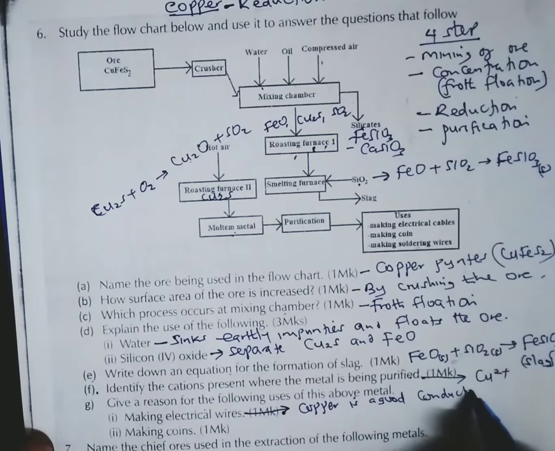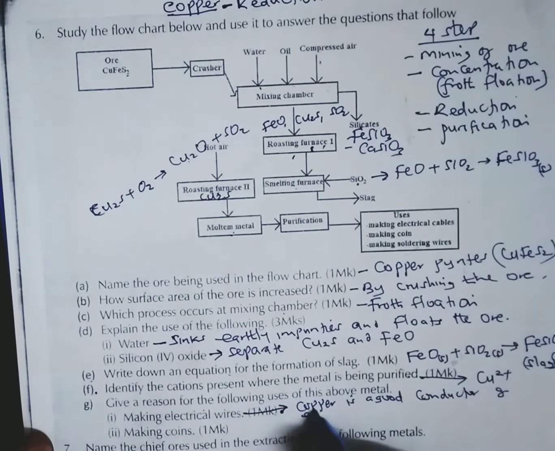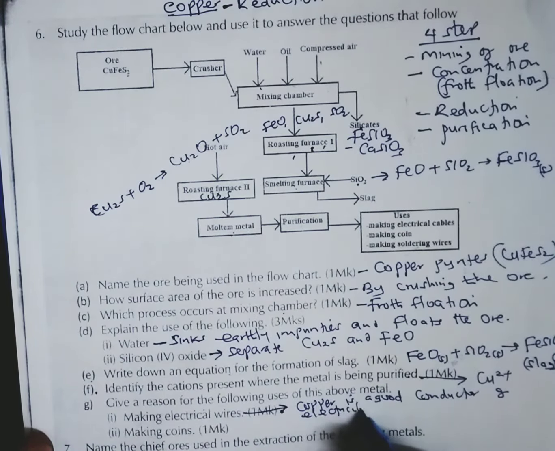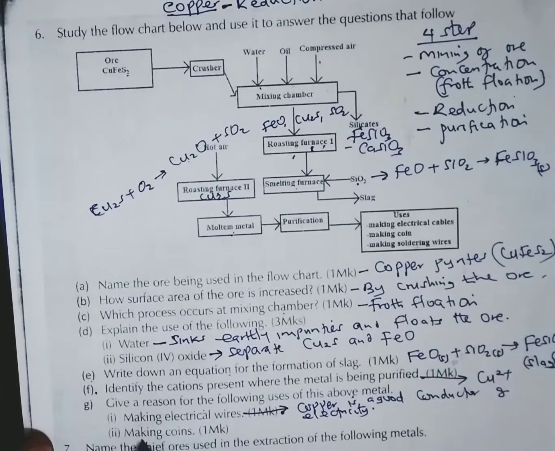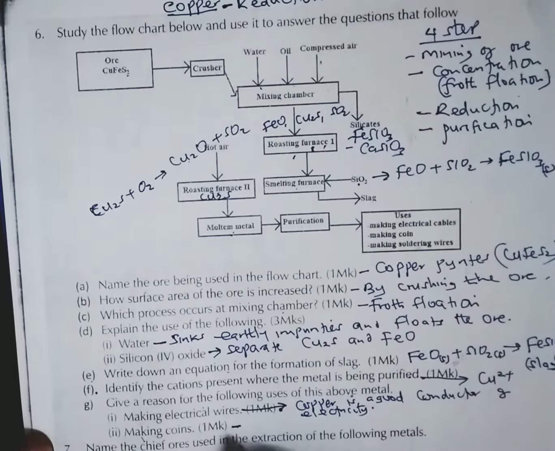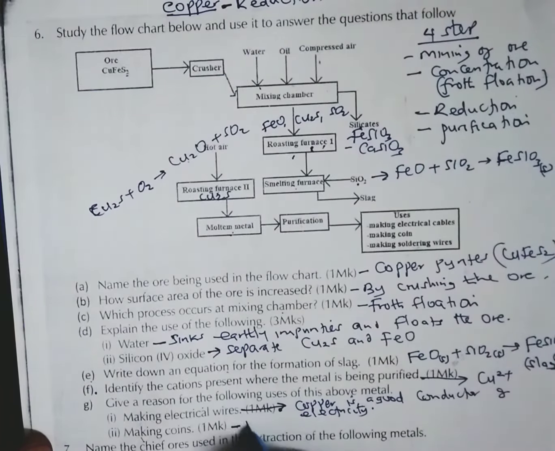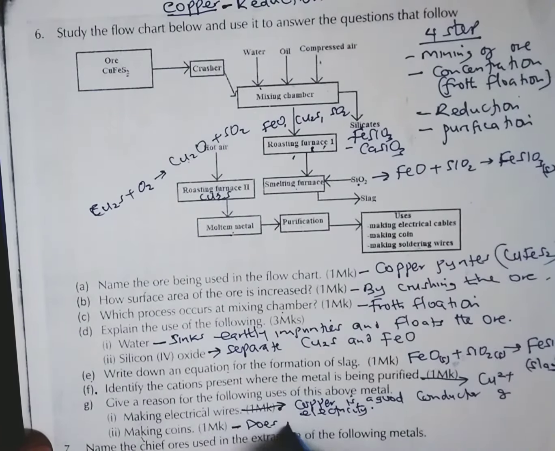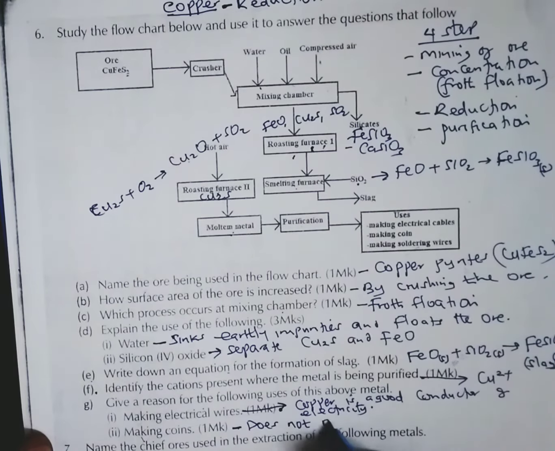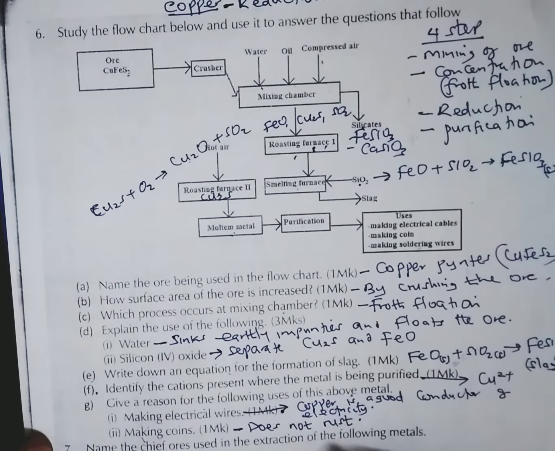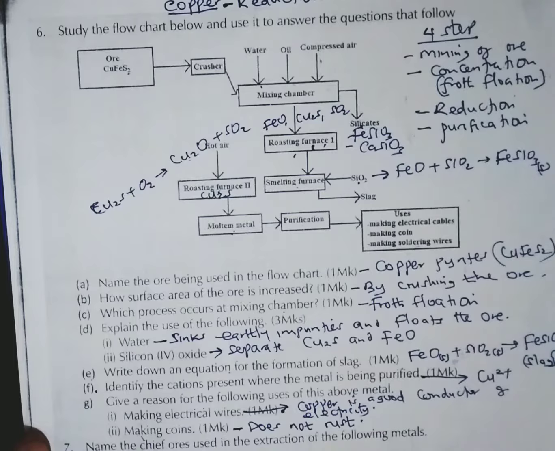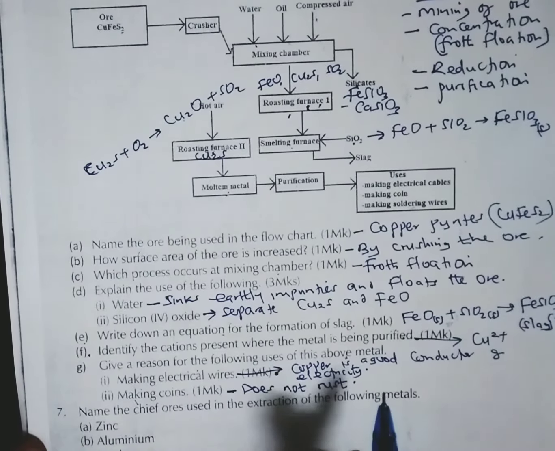We have making coins. We use copper to make coins because copper does not rust. Materials that rust cannot be used to make coins.